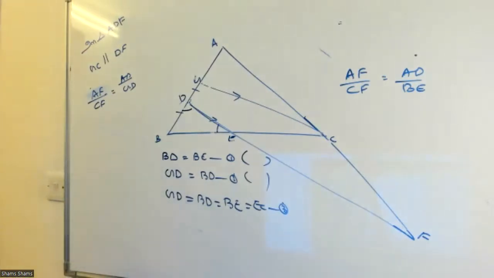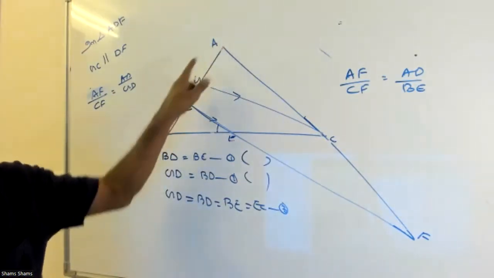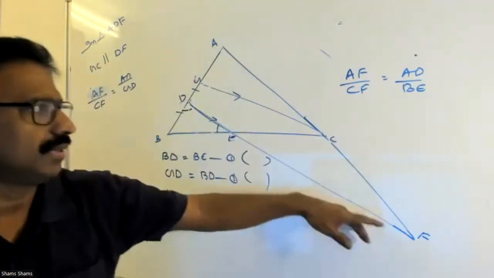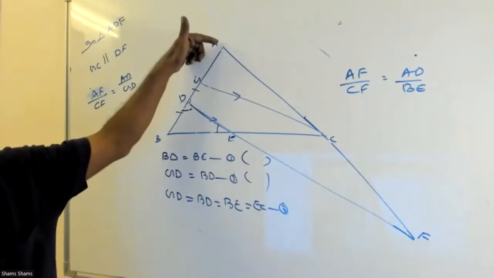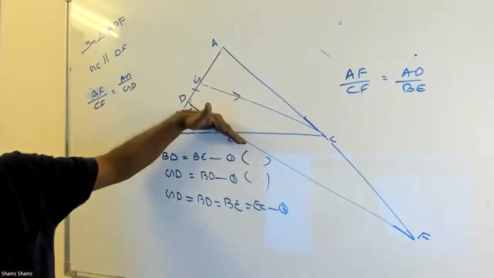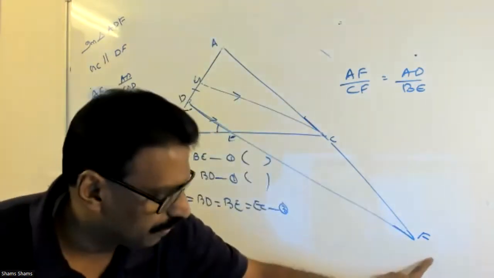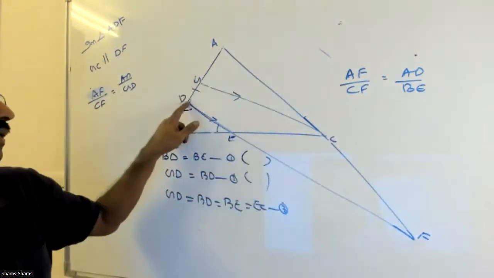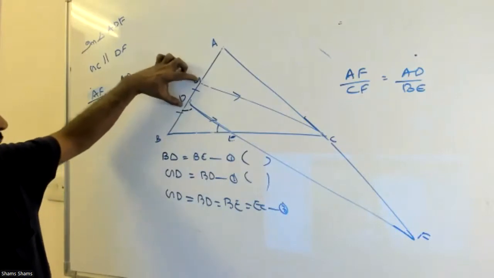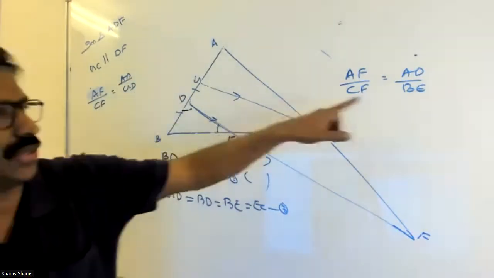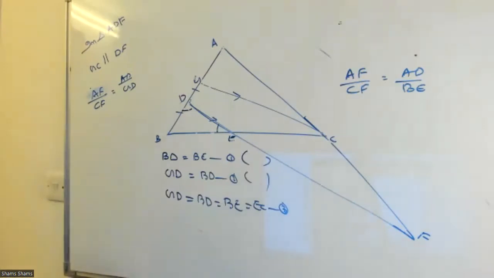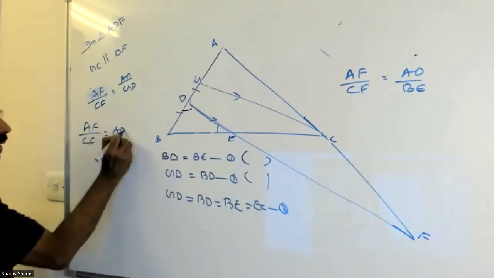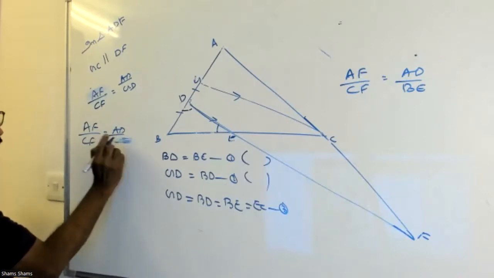Listen, last line. In triangle ADF, this line is parallel here. So that means AF divided by CF equals AD by GD. But GD equals BD, and BD equals BE. But AF by CF equals AD by GD, and we want BE only.